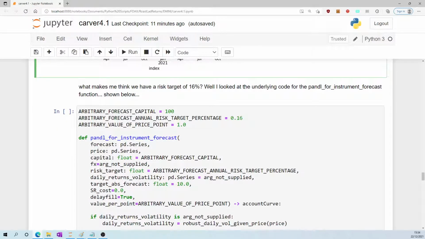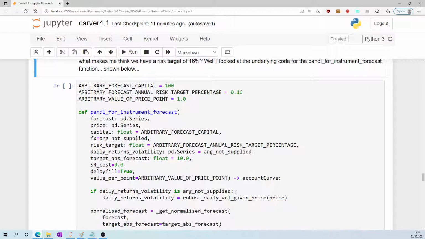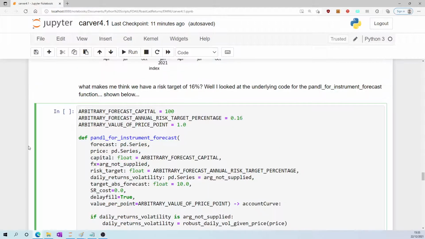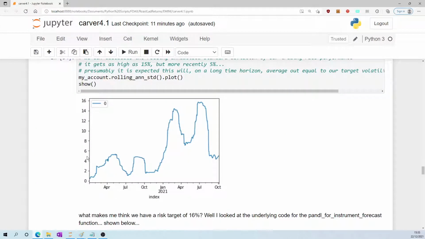Well, when I look at the underlying code for the profit and loss for instrument forecast function, which is shown here, I notice straight away that the default risk target percentage is set at 16%. That's why my theory is that given enough time, this blue curve would fluctuate around an average of 16%.